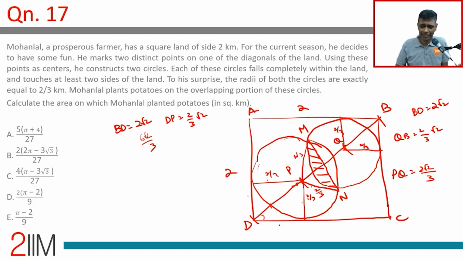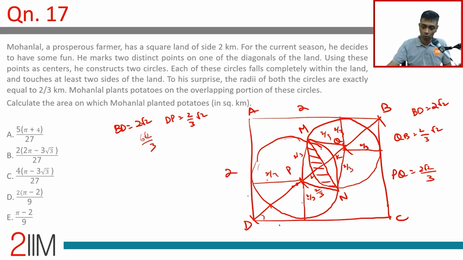We need to still find the area of that segment, and either this part or this part, it doesn't matter. Let's say we call this MLN or MKN, that segment, both of them. And so MQ is 2 by 3, QN is 2 by 3.